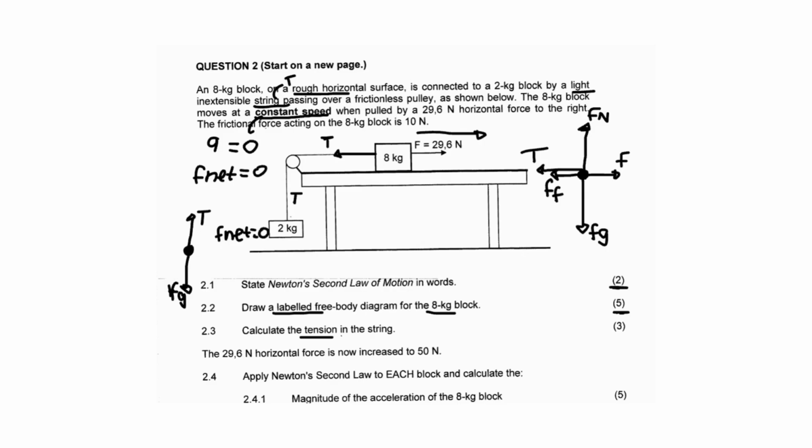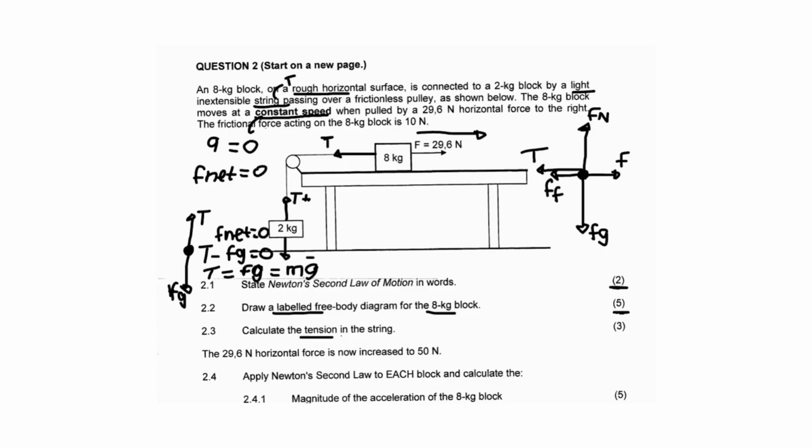Because the system is going up in that direction, it means you take up as positive, and any other forces that are downward would be negative. The only forces that we have are T and Fg. So I'm going to say positive T minus Fg is 0, because Fg is downward and T is upward, making T equal to Fg, which is mg.